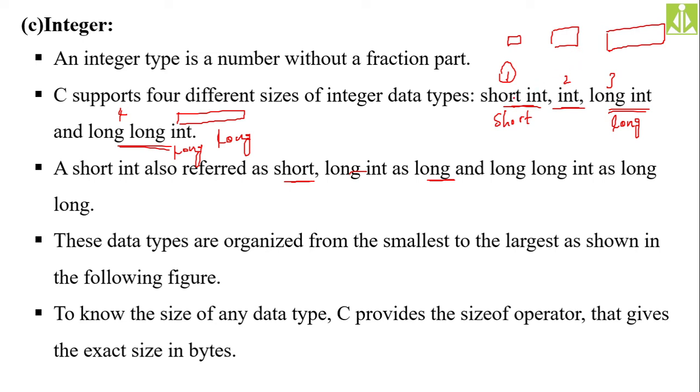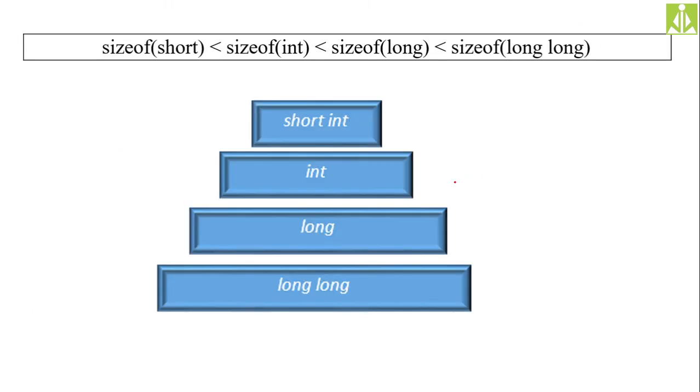Short means a small amount of memory, int means the normal regular one, long means very large, and long long means even larger. These data types are organized from the smallest to the largest as shown in the following figure. See here, short int means we are getting only this much memory, integer somewhat bigger, long like this, and long long the very huge one.